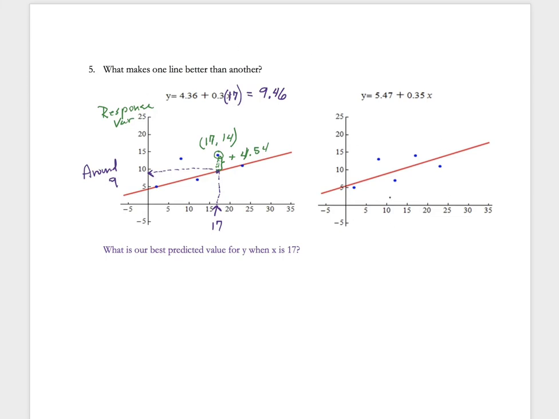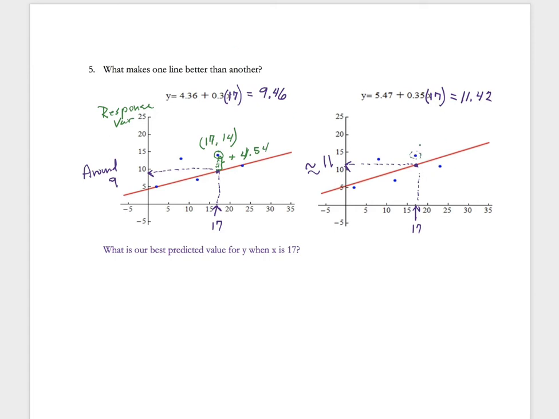Again, making a prediction over here, we would go through the same process. So 17 is about there. We look up on the line for the corresponding ordered pair, and then we look across to find our predicted value. And this time it looks like maybe that's around 11. To get the exact value, we put 17 into our equation for the line in place of x, and this time it comes out 11.42. But again, we've made an error.